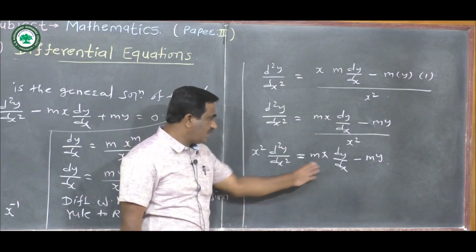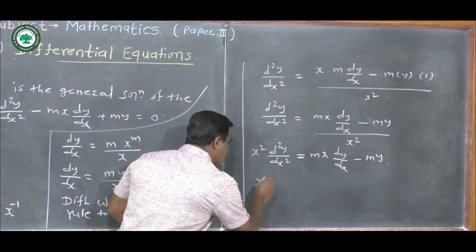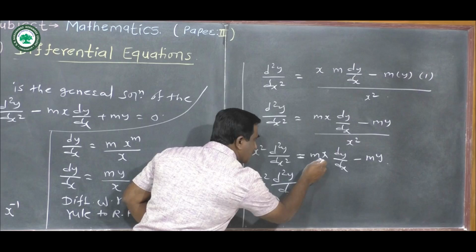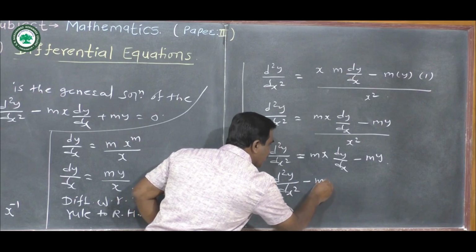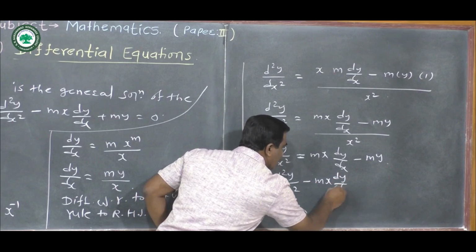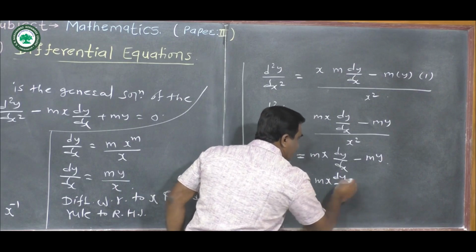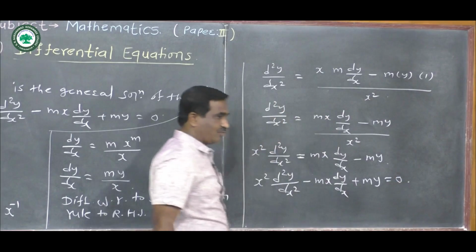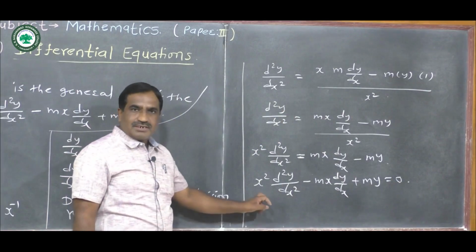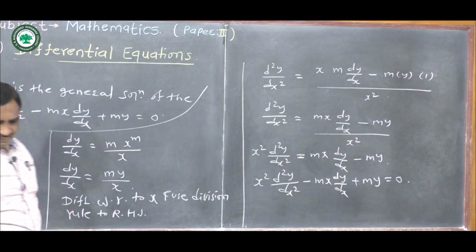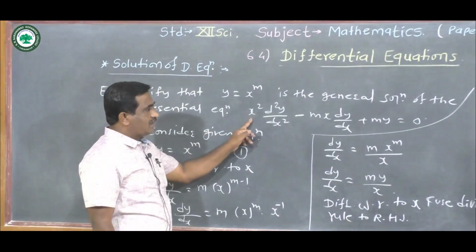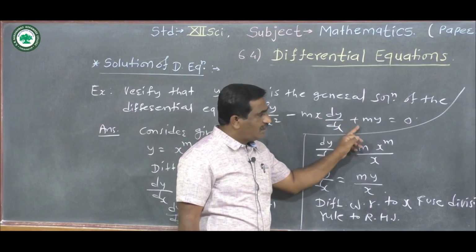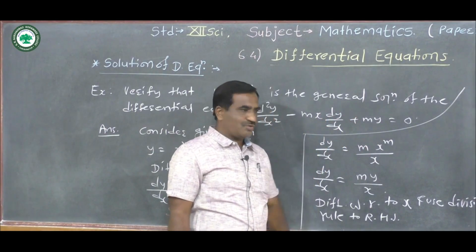Take all terms to the LHS, then we can write x square into d square y by dx square, this plus term becomes minus mx into dy by dx, and this minus term becomes plus m into y is equal to 0. Okay, this is the required differential equation: x square into d square y by dx square minus mx into dy by dx plus my is equal to 0.